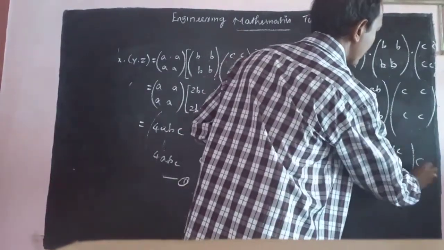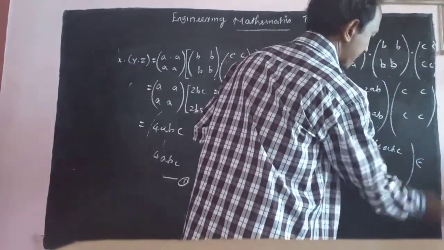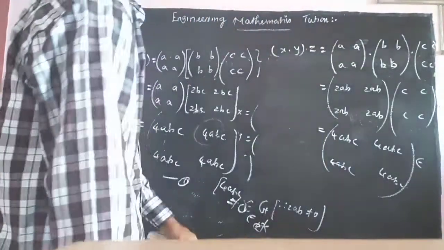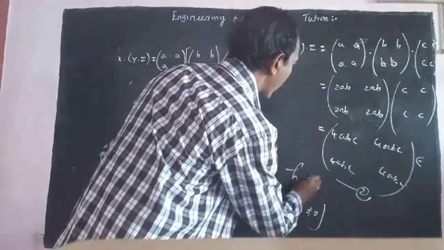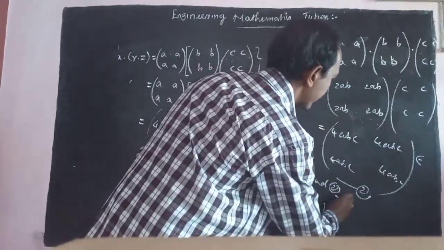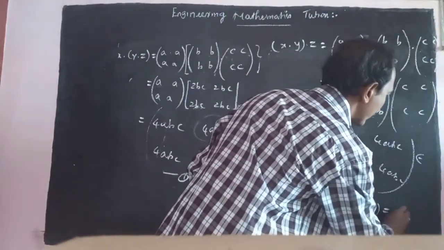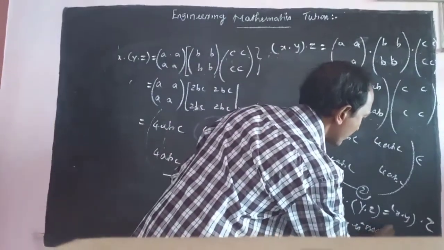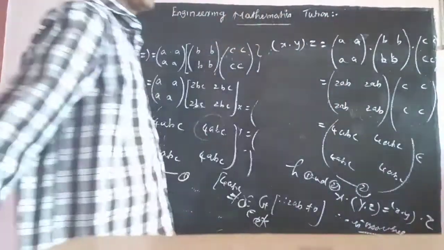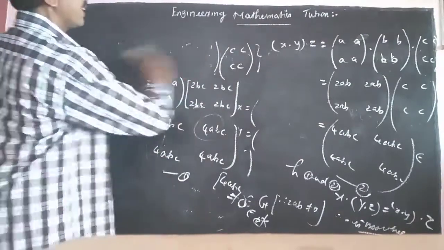So that also belongs to R star. So this is also 2. So from 1 and 2, X dot Y dot Z is equal to X dot Y dot Z. So the conclusion is, therefore dot is associative.